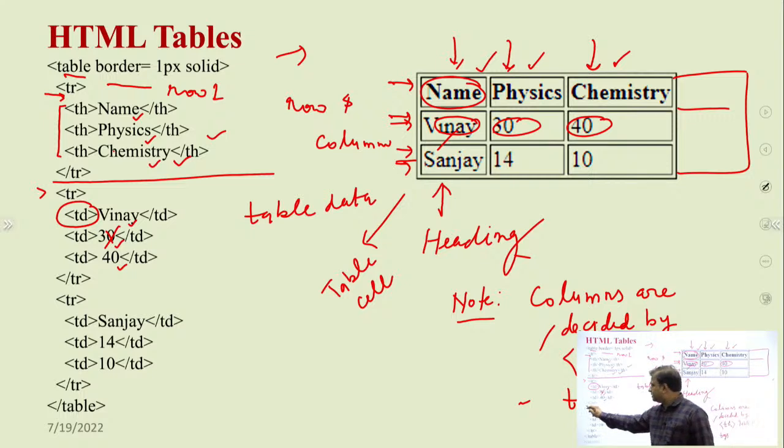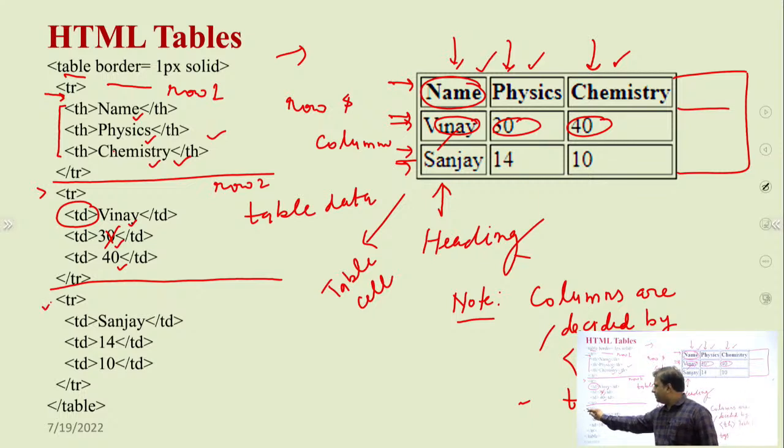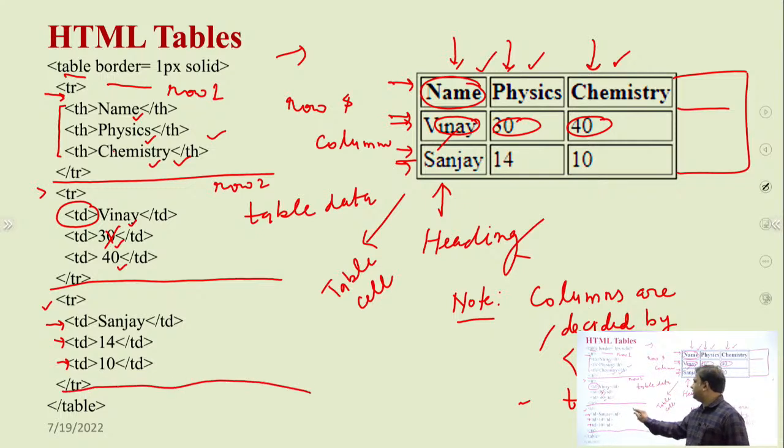Then this is my second row. Third row: again I start with a table row tag, insert the data with the table data tag, close the table row, and I have created row 3, the third row.